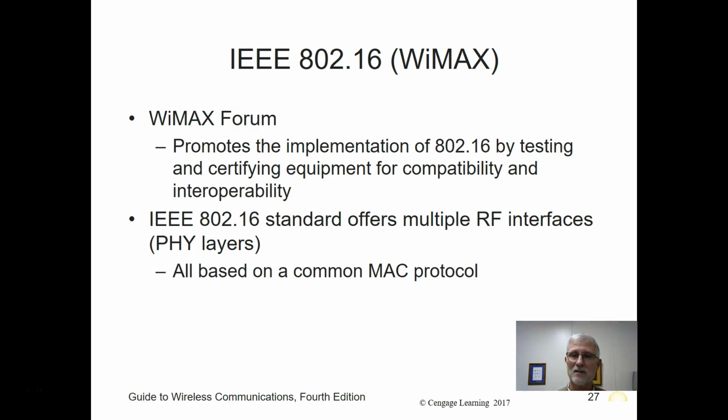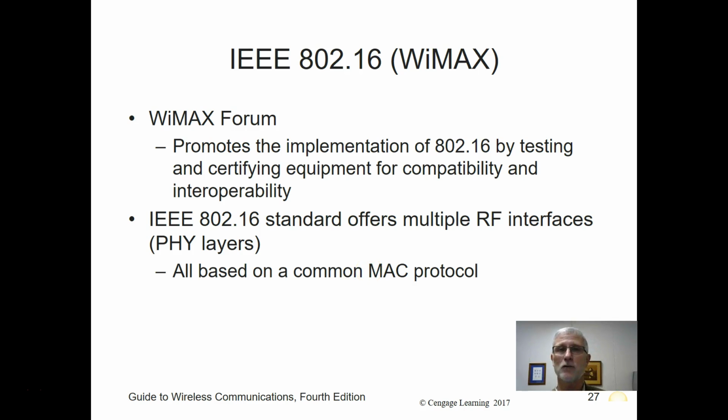It makes sure that the standard offers multiple RF interfaces at the physical level, but they're all based on a common MAC protocol, so that I can change the layer 1. So what do I have to do? I have to worry about that MAC protocol.